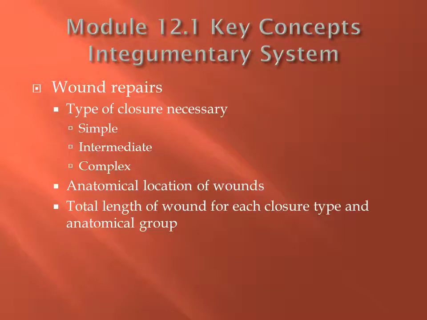With wound repairs, we need to know the type of closure necessary, whether it's simple, intermediate, or complex, the anatomical location of the wounds, and the total length of wound for each closure type and anatomical group.